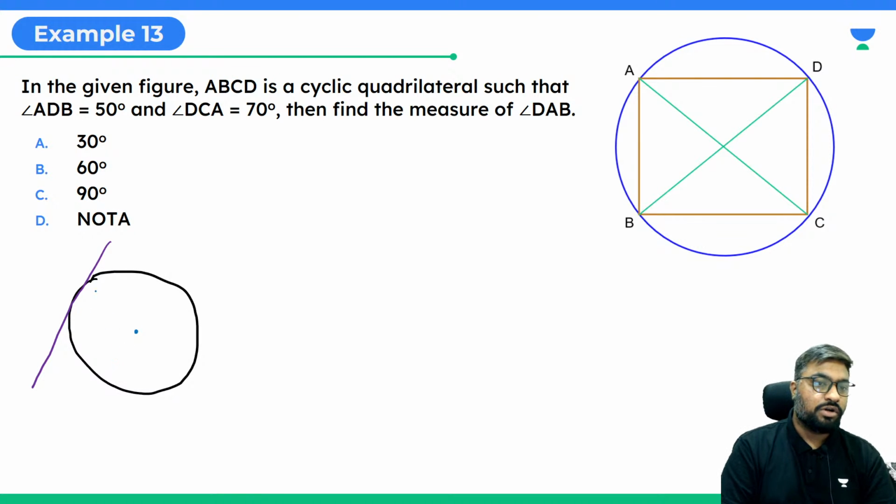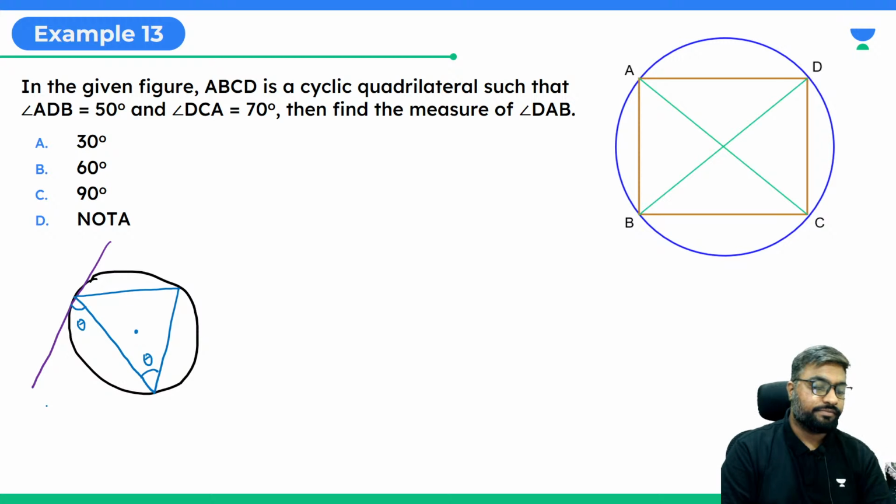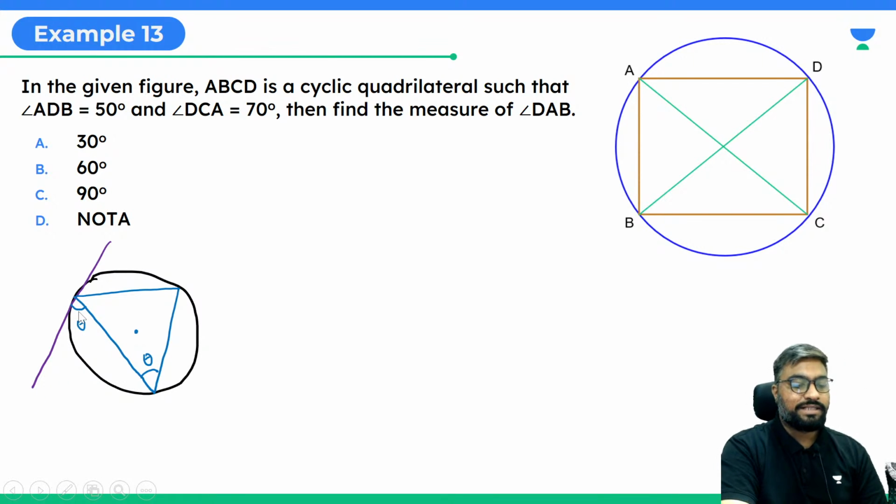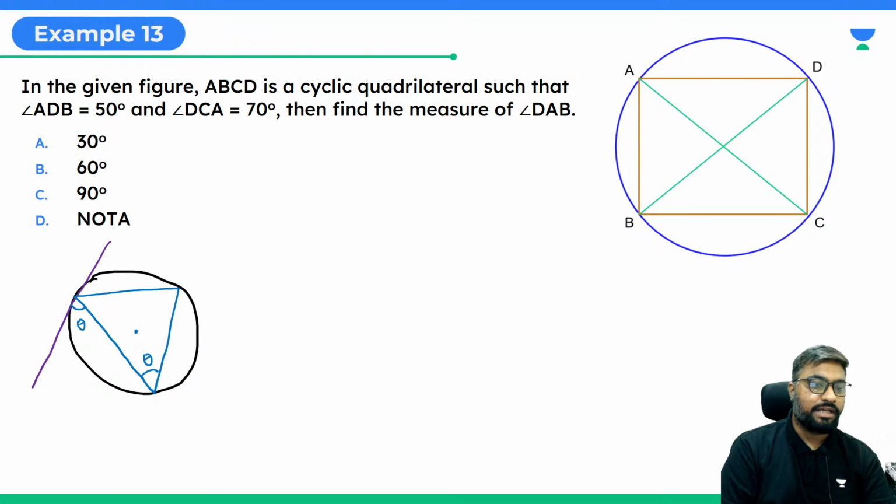If we have a chord that joins here like this, then the angle that this particular chord forms on the circle, this angle theta and this angle theta, they'll be equal. This is the alternate segment theorem, but it's too complex for us. We don't need this. It would be too much.